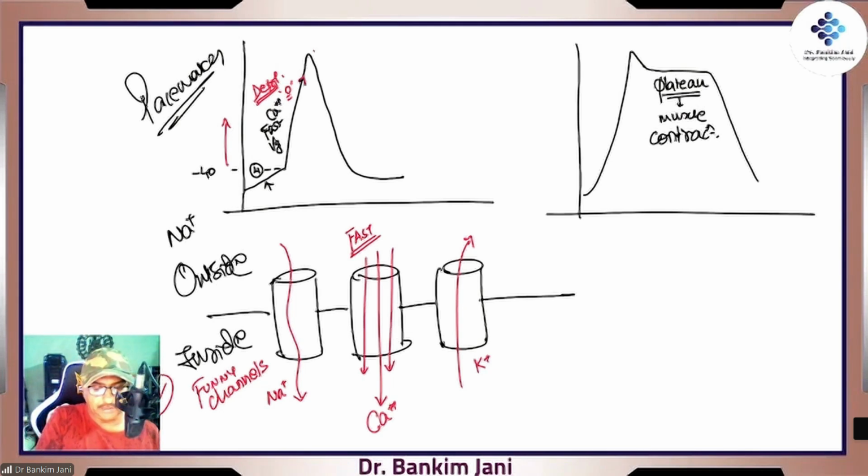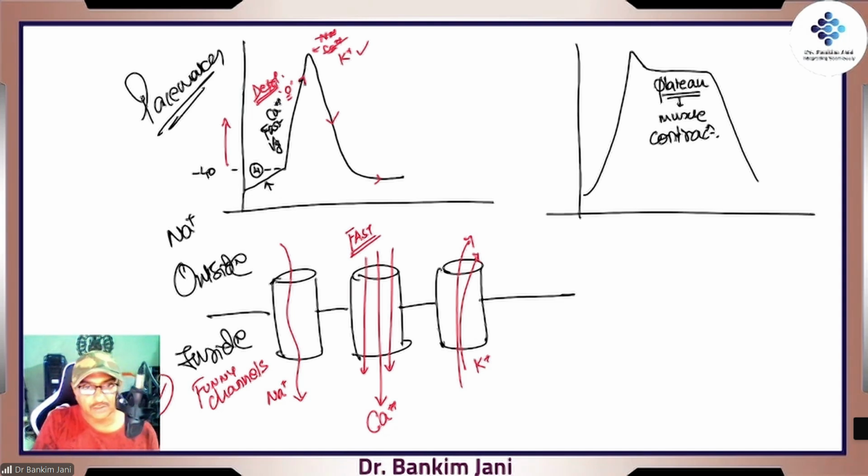At this point, the sodium channels stop, the calcium channels stop, and the potassium channels open. And then there is a rapid descent of the voltage, because the potassium starts going out as that channel opens, and it comes back to the resting membrane potential. So this is the whole journey.